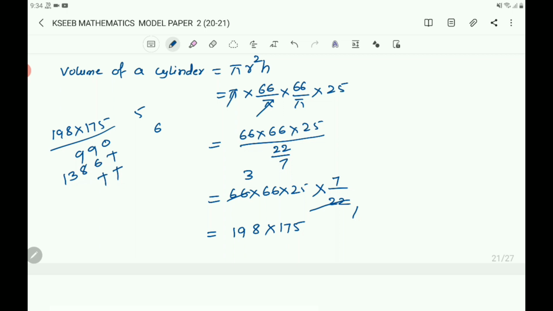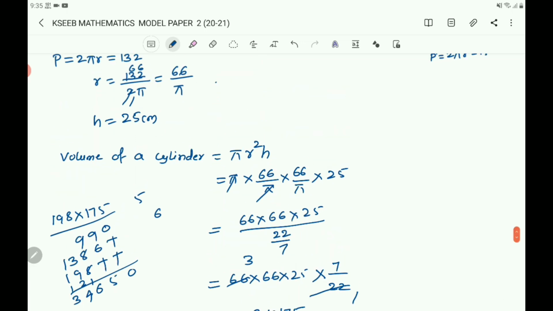Then 1s are, that is 198. You will get 15 plus 1, 8 plus 1, 9 plus 8, 9 plus 8, 17 plus 9, 26. And 9 plus 3, 12, 12 plus 2, 14. So it becomes 34650, right?